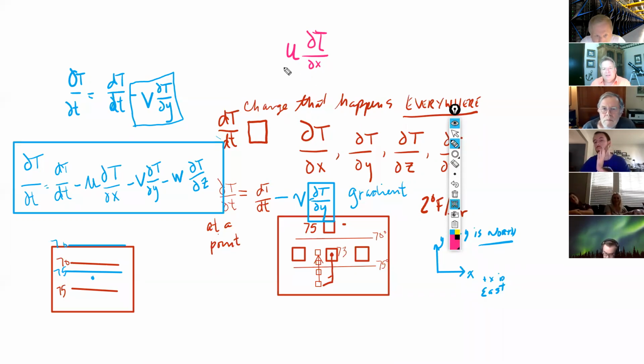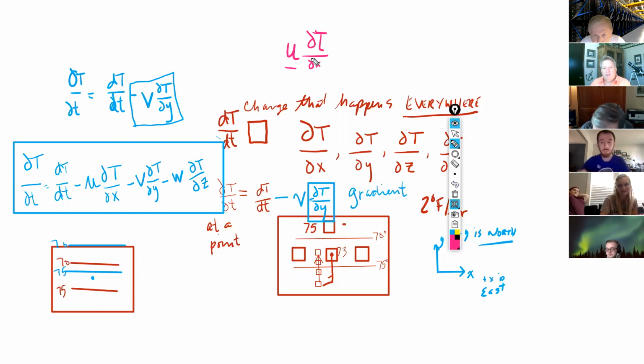What would you say U is? Zonal wind. What's dTdx? The partial T with respect to x, but what is this? Not horizontal, because now we're doing it in three dimensions. This is the zonal temperature gradient.